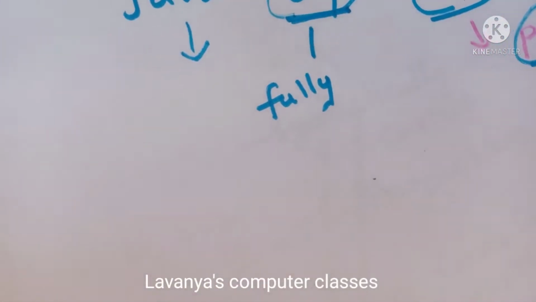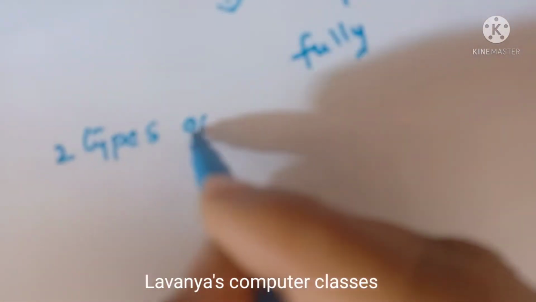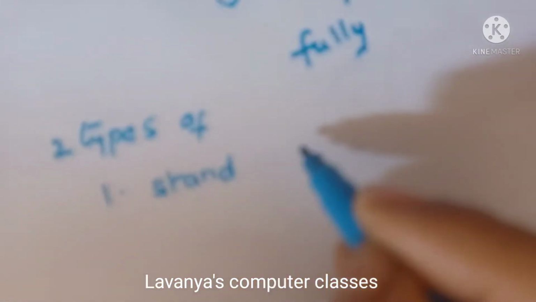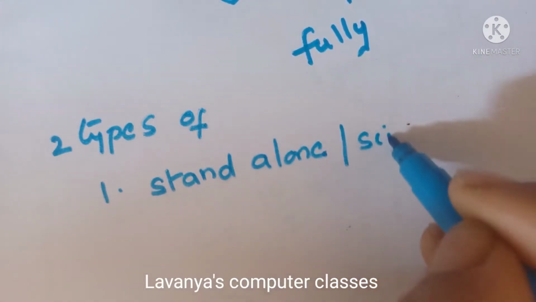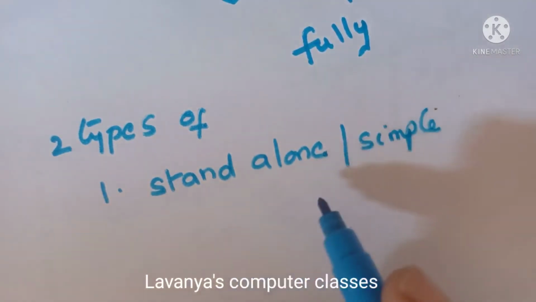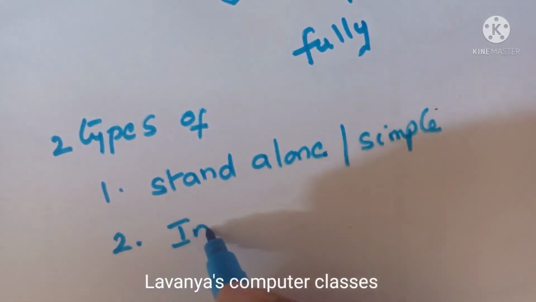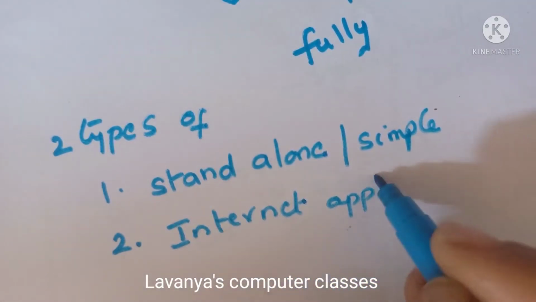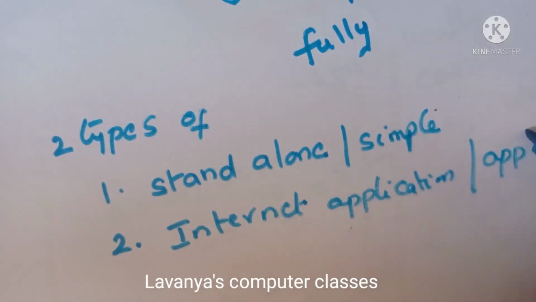Whenever we are developing a Java program, we have two types of Java programs to develop. One is a standalone, or simple application Java program, and the second one is internet application programs, which are called applet programs.